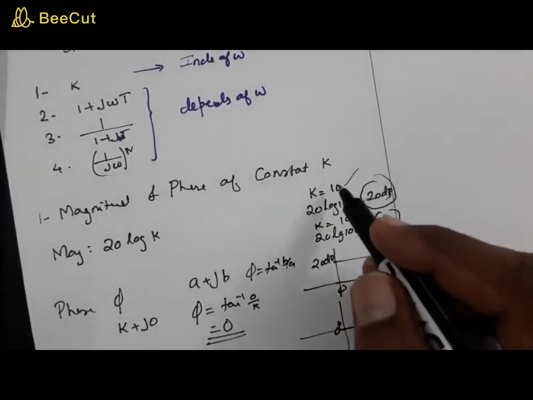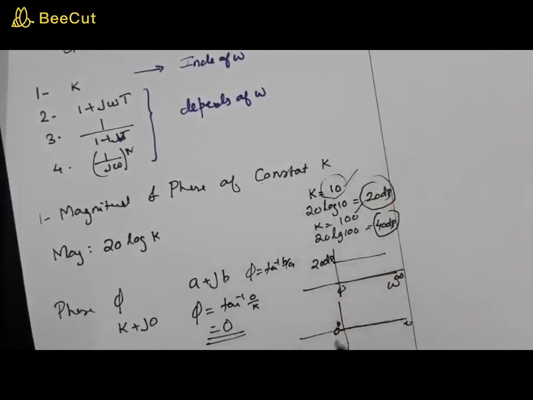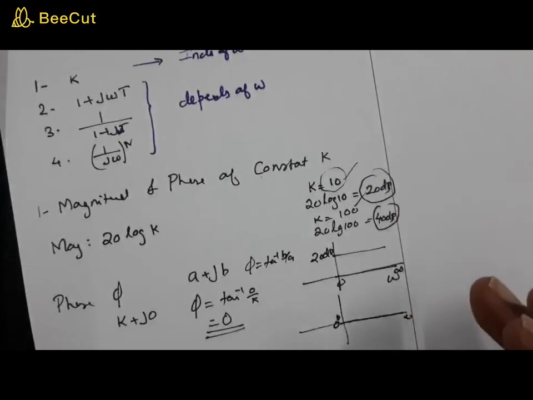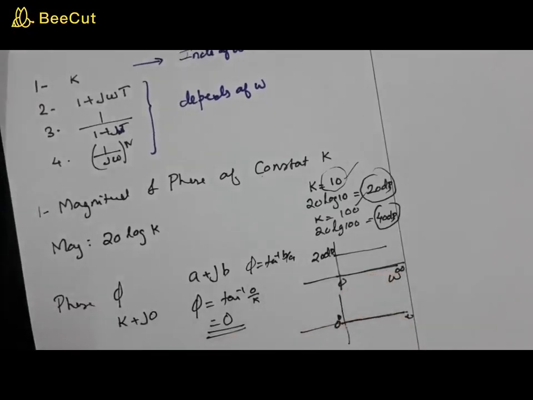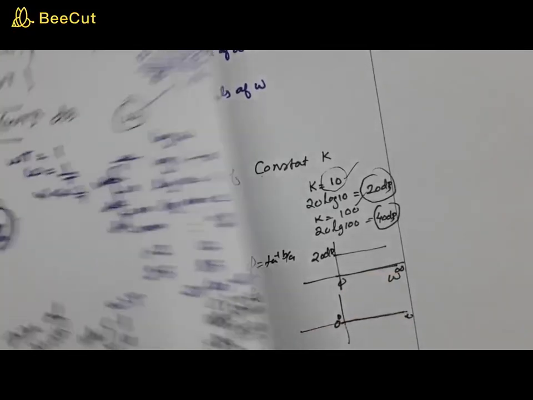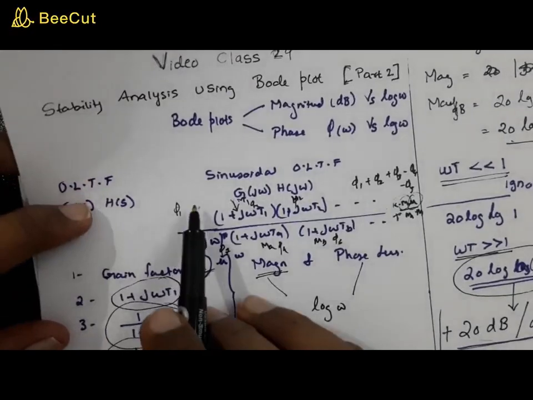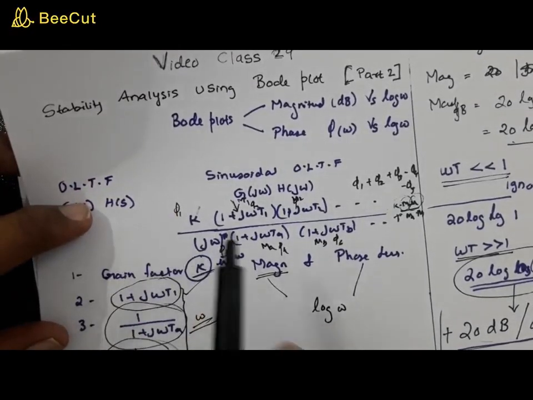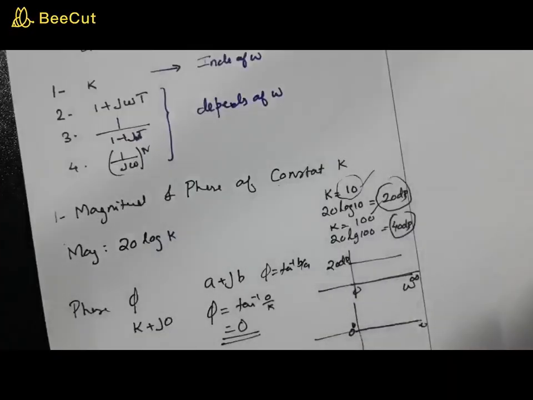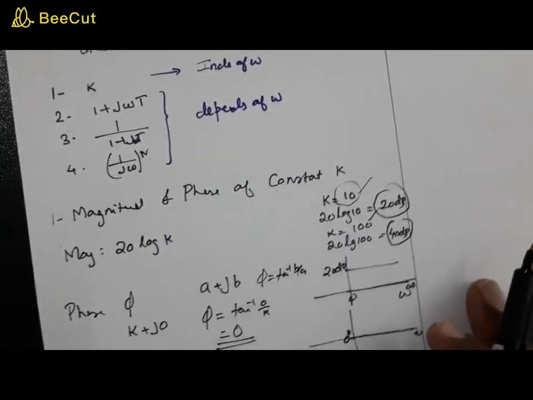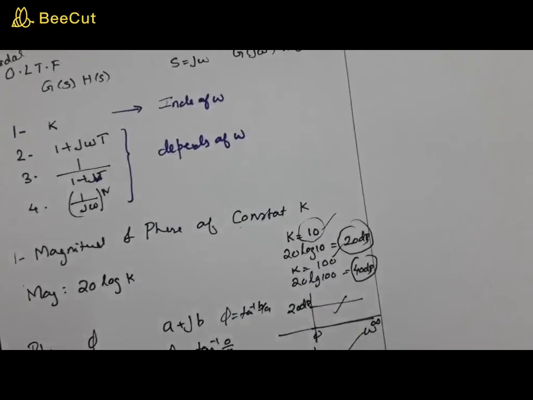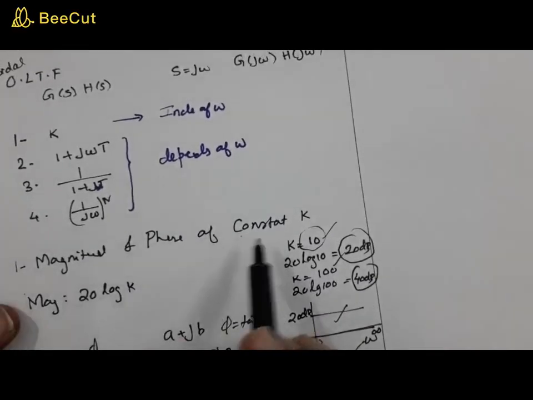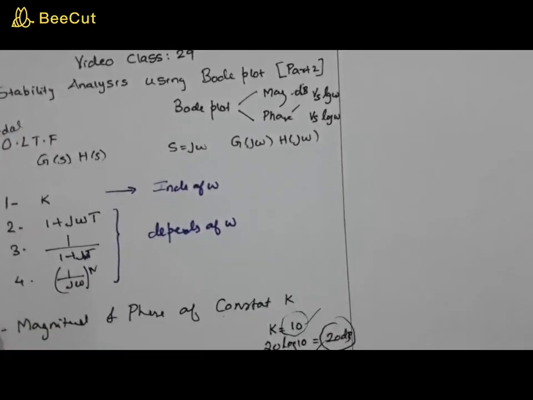The phase of the signal passing through such a control system will not be affected by the value of k, but the magnitude will. So this is the magnitude plot of this term and the phase plot of this term. Similarly, we are going to study the magnitude and phase of each term. That's next.